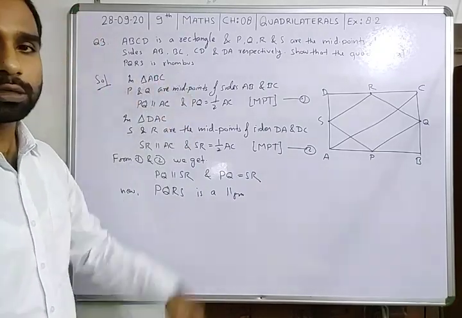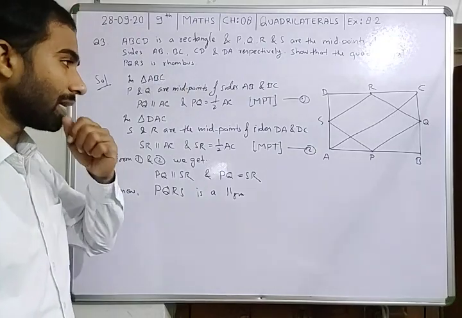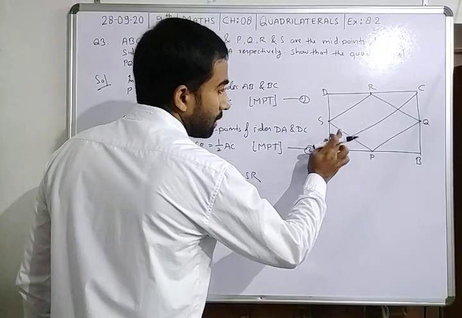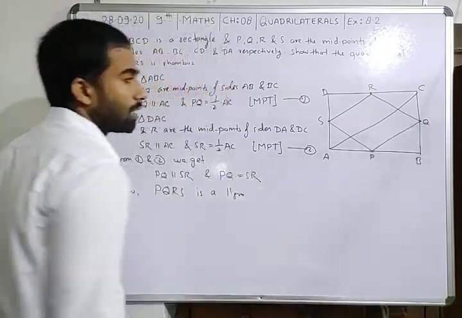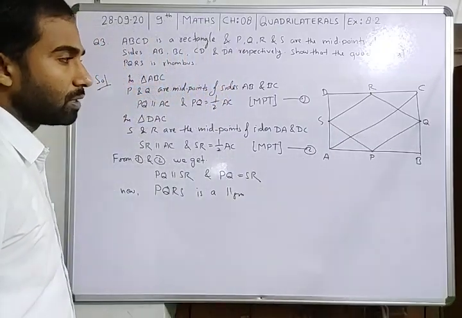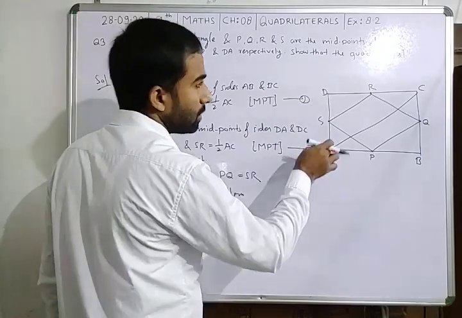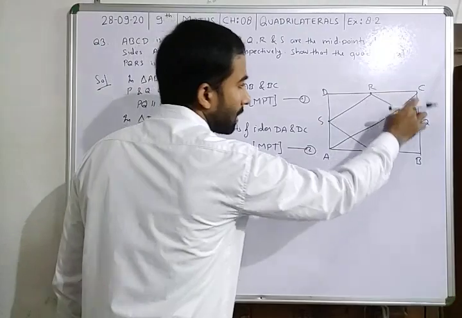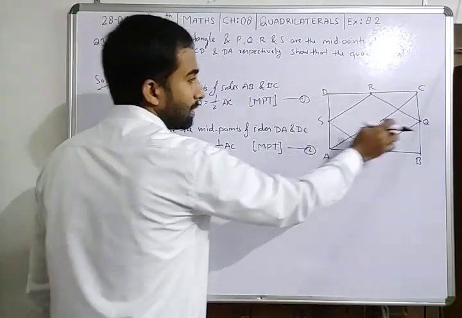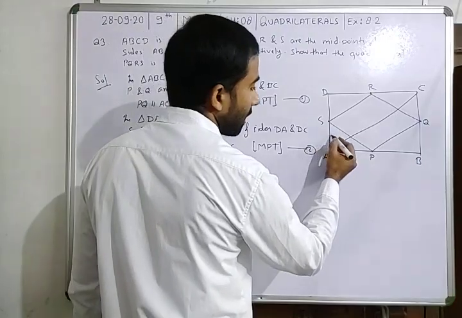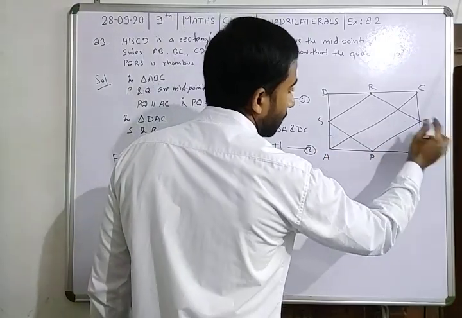Now, what do we have to reach with this PQRS? We have to reach a rhombus. So now what we will do is show that the adjacent sides are equal. Let's see what we can do here. As we know, in a rectangle opposite sides are equal, and S and Q are midpoints. So definitely this side is equal to this side.